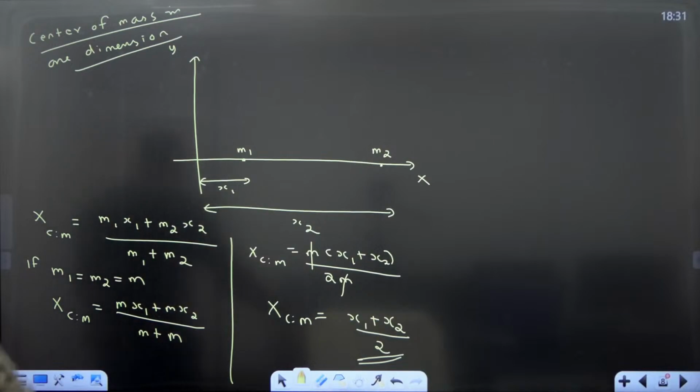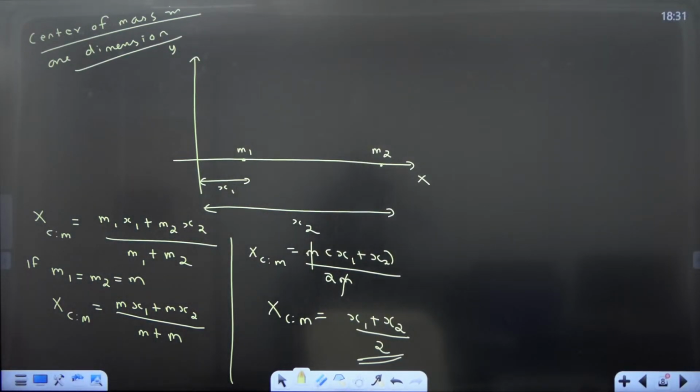Center of mass in one dimension. Note it down.